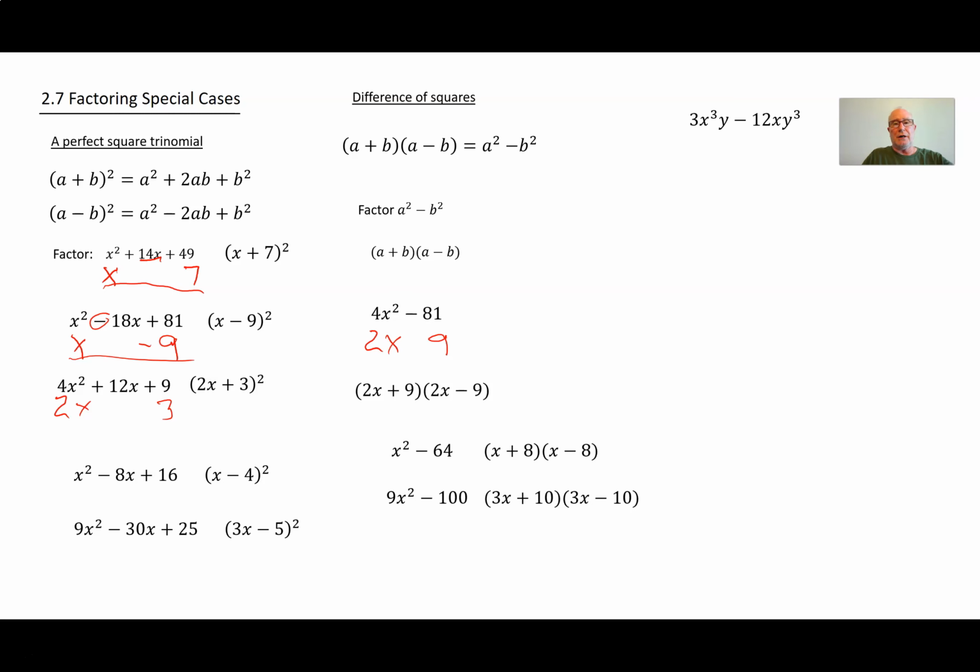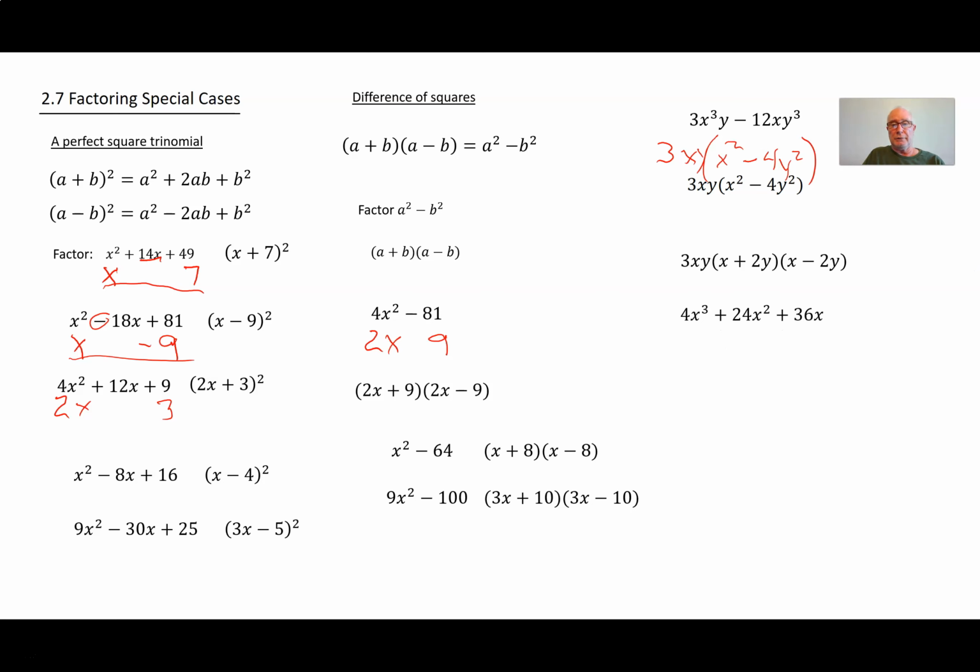So if we pull out the common factor, which is 3xy, we're left with x squared minus 4y squared. Now that is the difference of squares, and so that will easily factor to (x + 2y)(x - 2y). So our completely factored form is 3xy times (x + 2y) times (x - 2y).